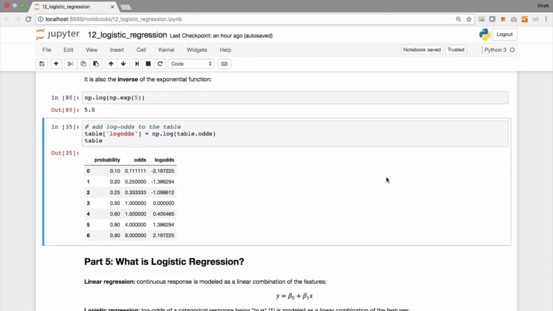And now we tie these pieces of concepts together. We have learned what are probabilities, we've learned what are odds, we've learned what is a logarithm, and now I'm interested in finding the log of odds. So I come up with a new column called log of odds, which would be the natural logarithm of the odds themselves.